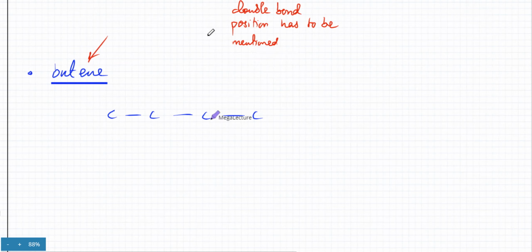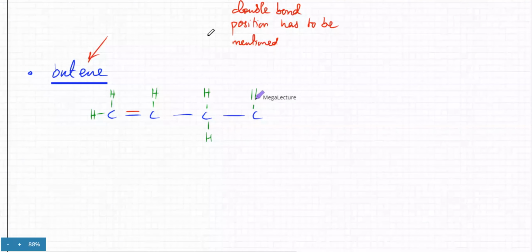position is not mentioned. So somebody could put the double bond over here and fill it up with hydrogens. So this one would have two hydrogens, this one would have one hydrogen, this will have two hydrogens, and this one over here would have three hydrogens.